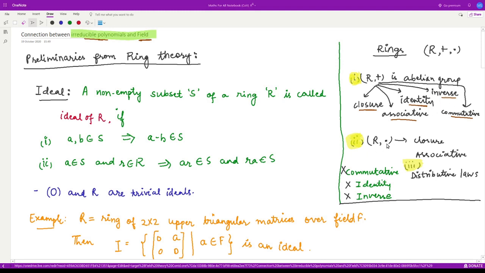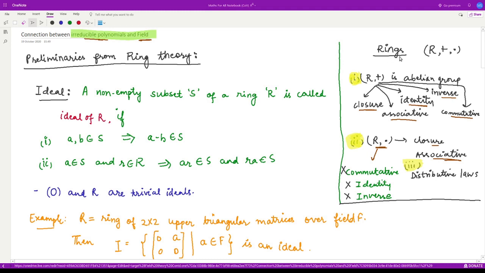And with respect to multiplication, this dot, we only have two properties, that is closure property and associative property. Whereas in a field, we also had commutative property, existence of identity, and inverses. So in a ring, these properties are missing for multiplication, right? Moreover, as in fields, the distributive laws are also valid in rings.